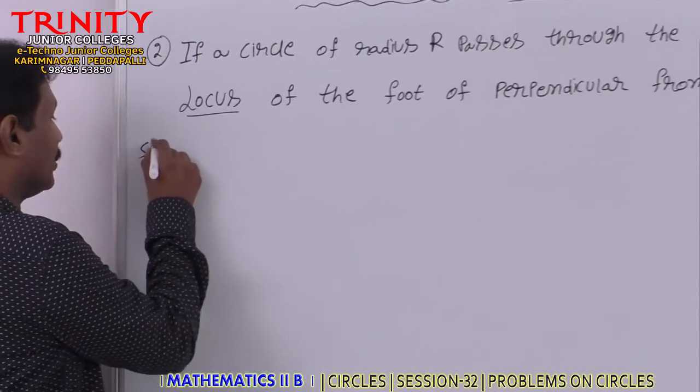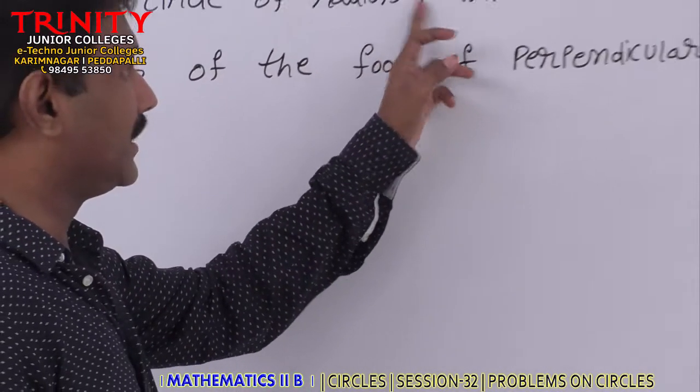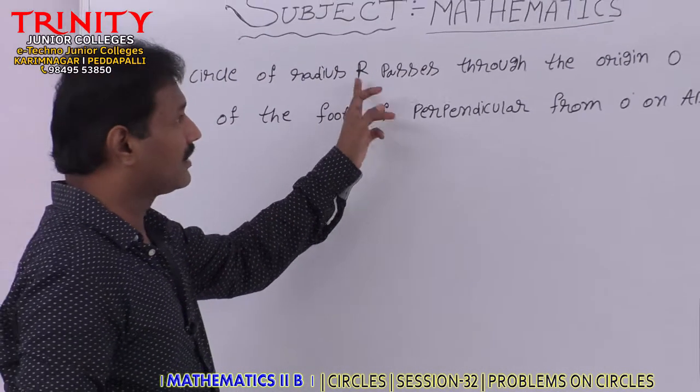We need the locus. Solution. The radius of the required circle is capital R, and it passes through the origin and also intersects the coordinate axes.